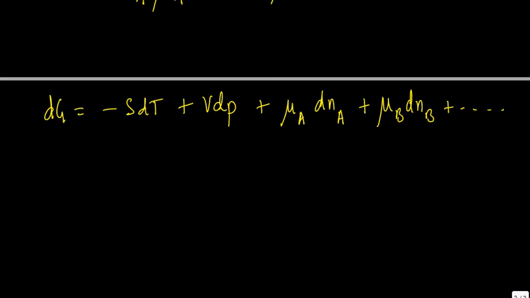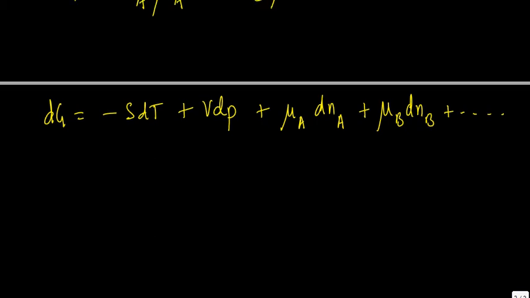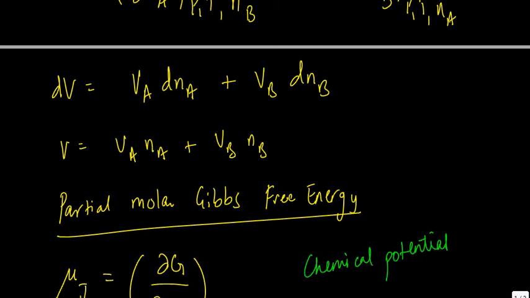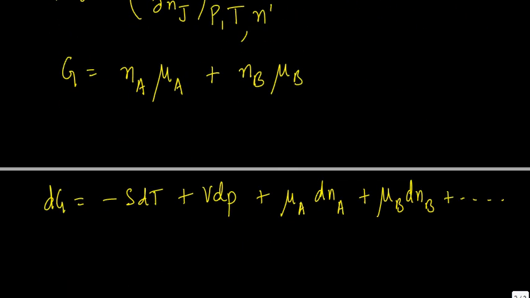Yes? See, this is the change in the Gibbs free energy, right? Okay, maybe I should have just written one more step over there, that dG is equal to mu A dNA plus mu B dNB, right?